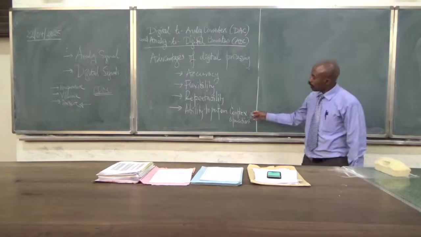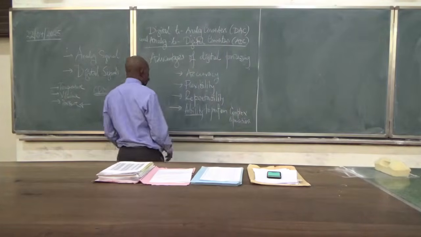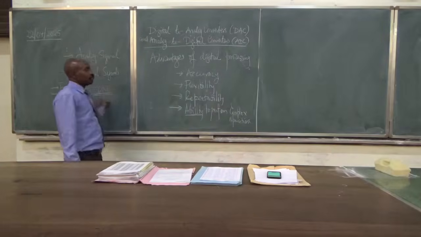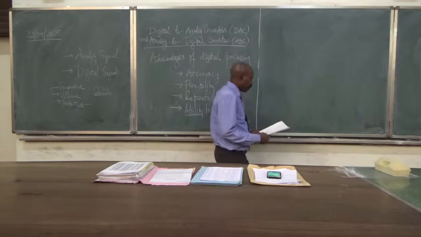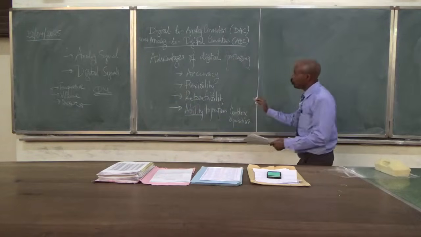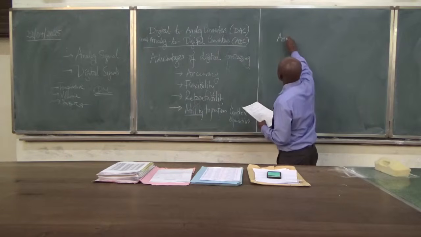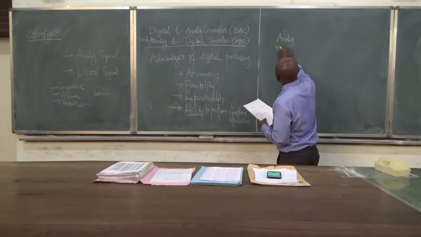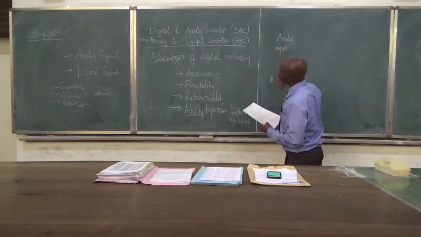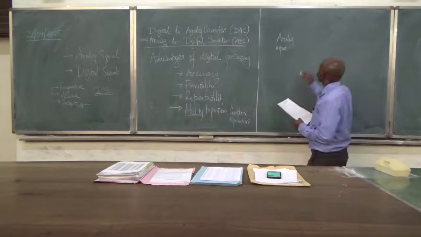Of course, there are now computers which are using quantum computing to do complex things. So, in short, in a schematic, we have an analog input. It could be a mouse, a keyboard, a microphone, anything of the sort.